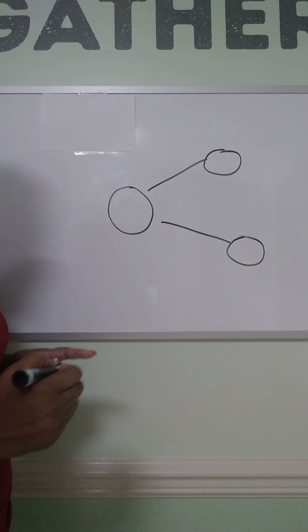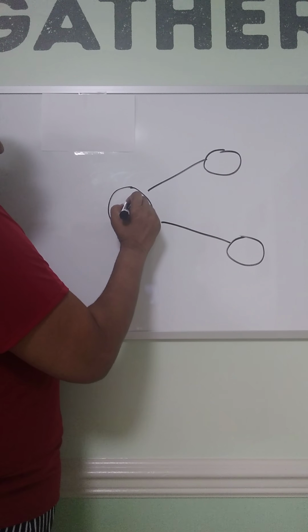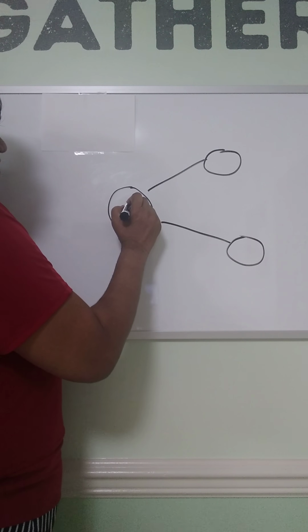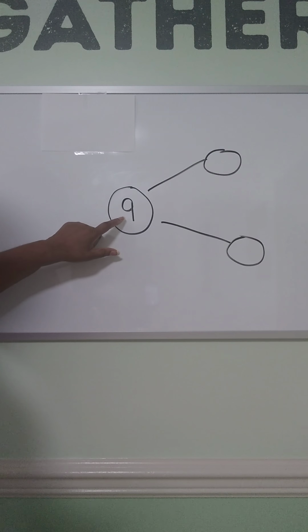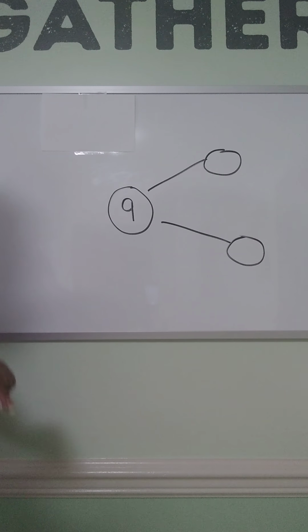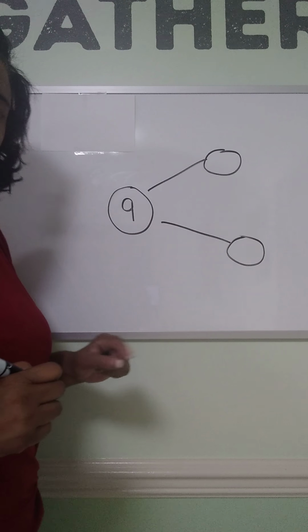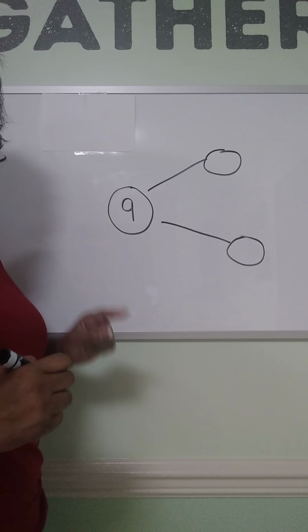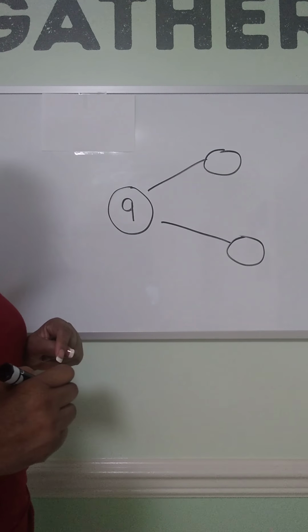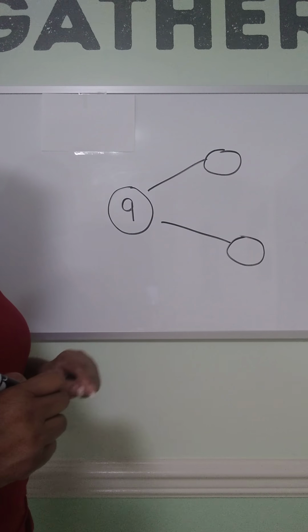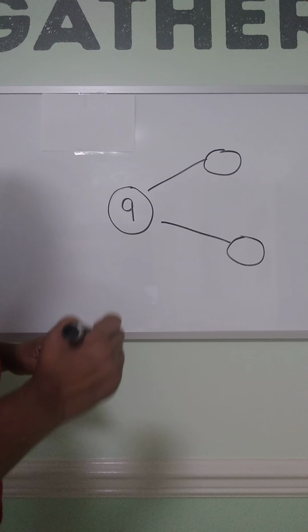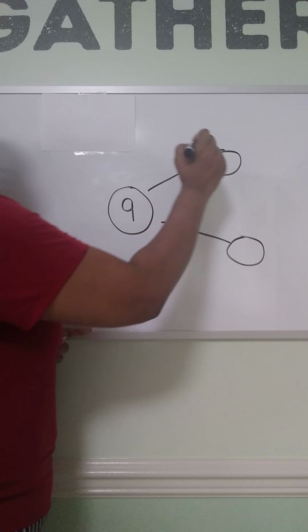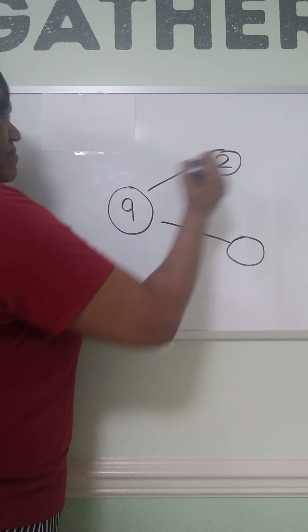We're going to put in 9. We're going to put 9 in. 9 is our whole number. Okay? We're going to use 9 as our whole number. The number we're going to put in the top circle, or in the top portion, is going to be a 2.